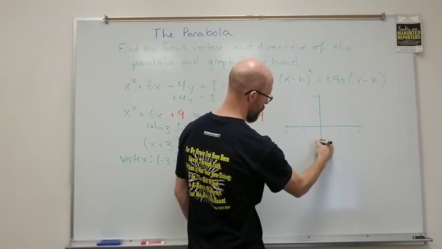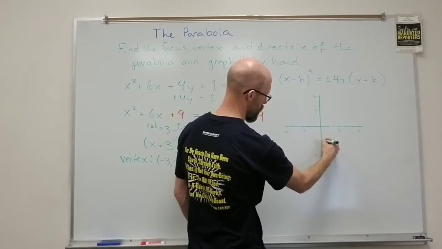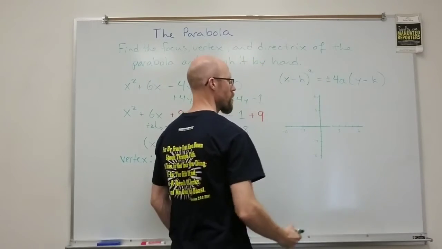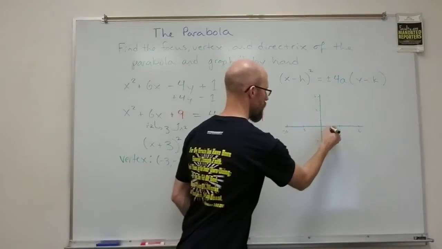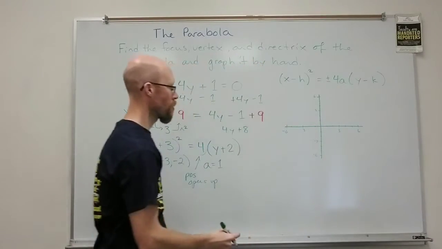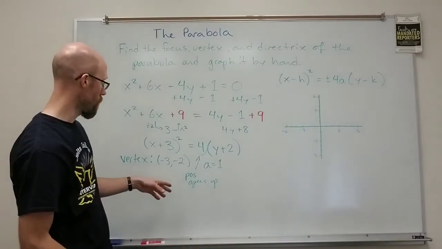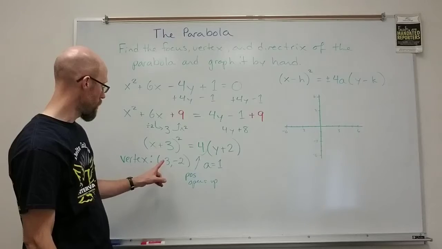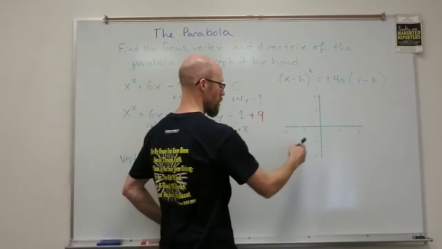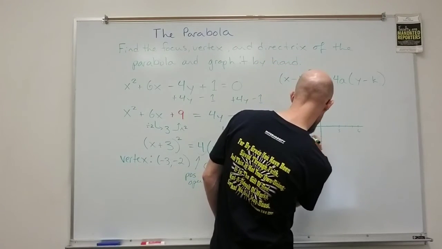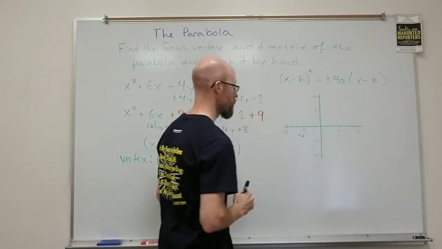That's pretty good. Not going to be perfect, but I can make some adjustments. And so my vertex is -3, -2, so that would be right there is our V.